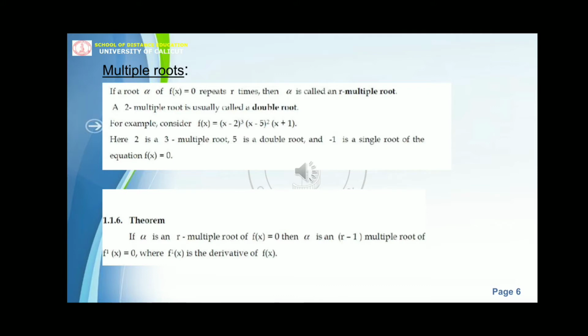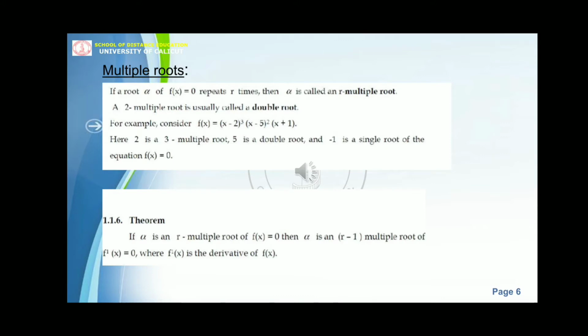In this example, you can see that the root 2 is repeated 3 times, the root 5 is repeated 2 times, and the root minus 1 is repeated 1 time. So 2 is a 3 multiple root, 5 is a 2 multiple root, and minus 1 is a single root. Now we will see a theorem concerning multiple roots.